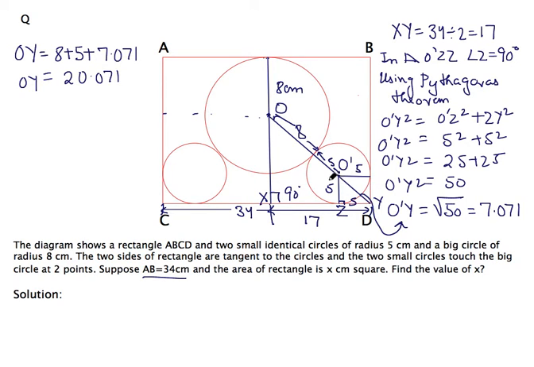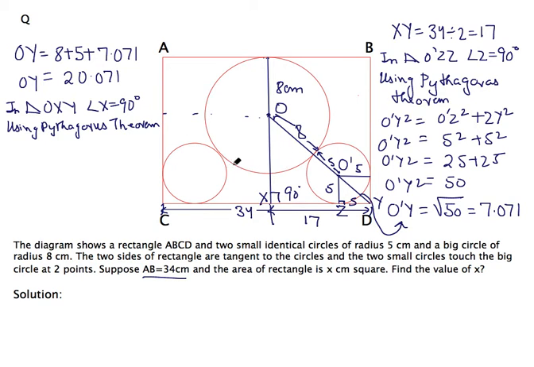Again you can see that OXY is a right angle triangle. So in right angle triangle OXY, where angle X is 90 degrees, again using Pythagoras theorem, what can we say now?